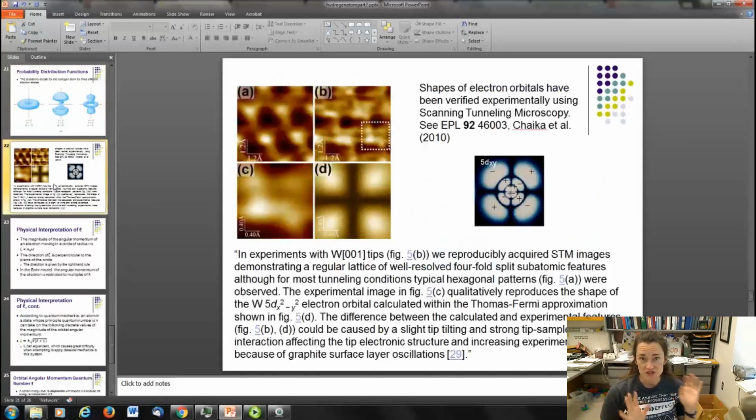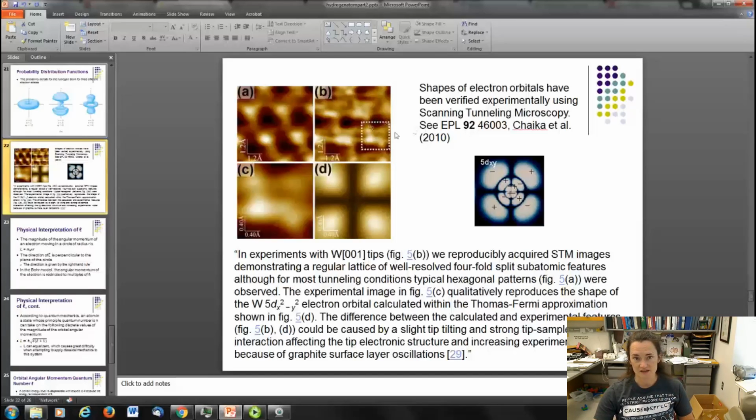Now, this isn't just theory, this has been shown. What you're looking at right now is from a paper published in 2010. And this is scanning tunneling microscopy images of these electron orbitals. If you look at the resolution, these little blocks here are just a fraction of a nanometer in size on the side.